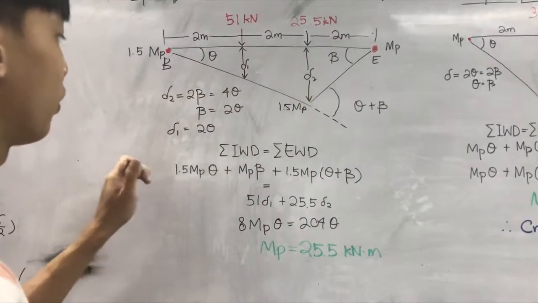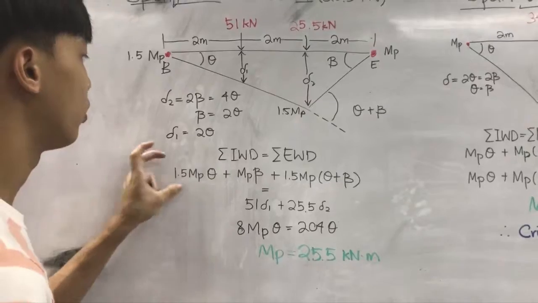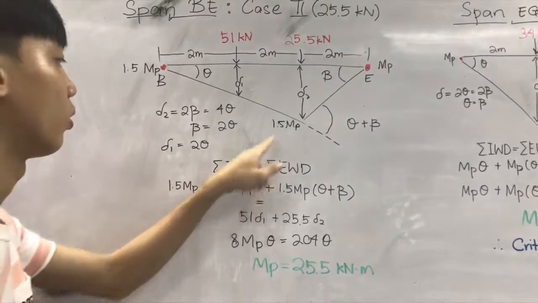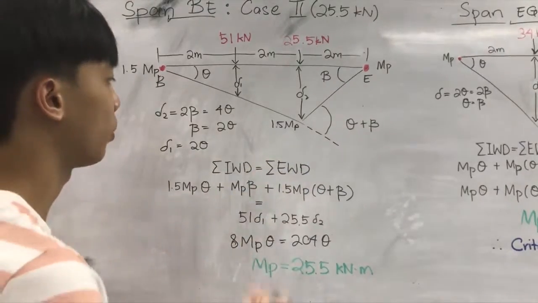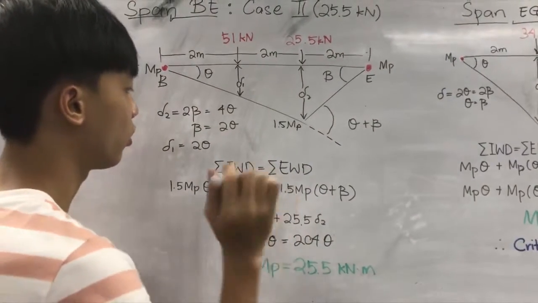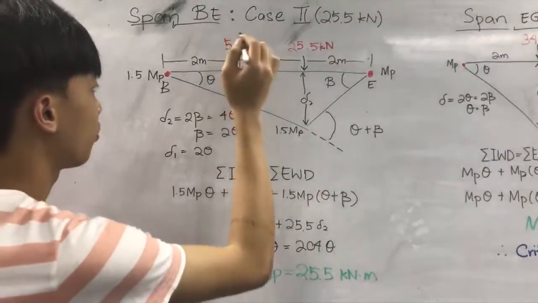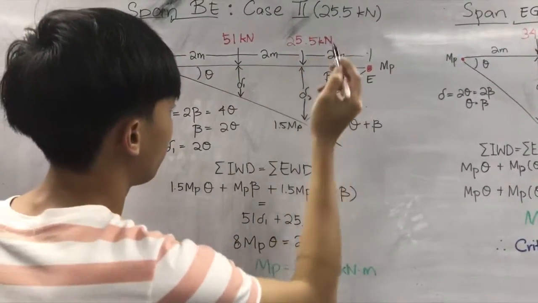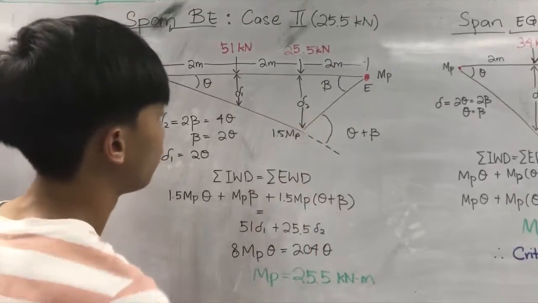And then after you do the first part, you have to do this one as well, the summation of external work done, which is equal to 51 times delta 1 plus 25.5 times delta 2.